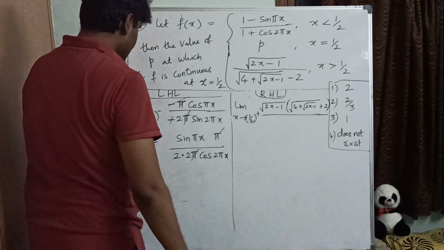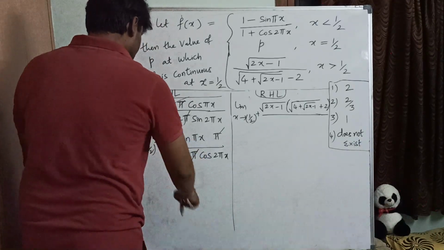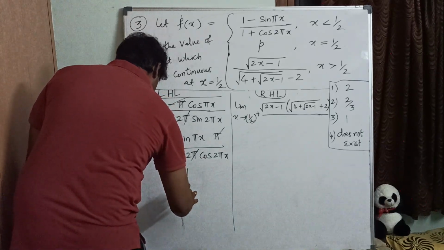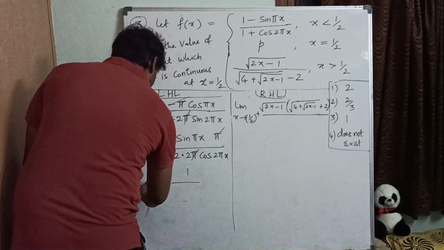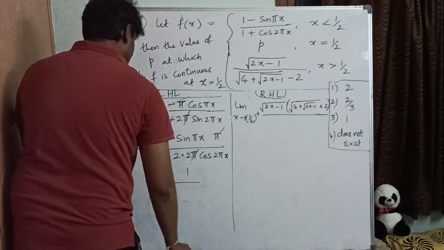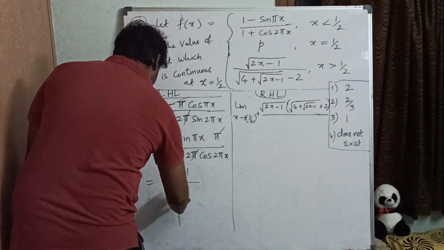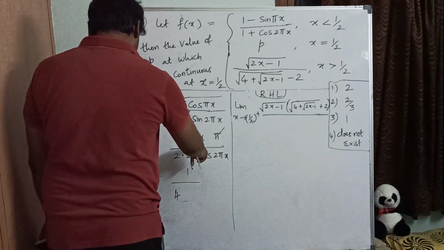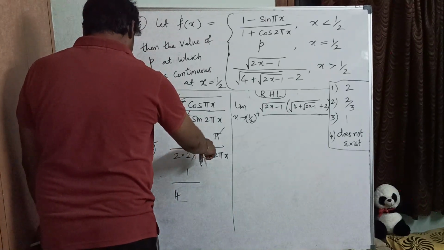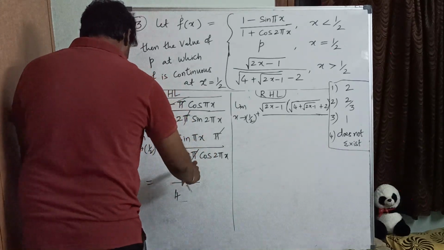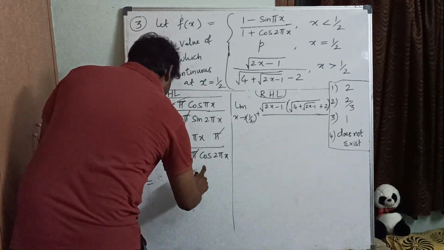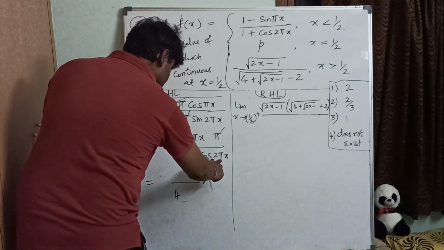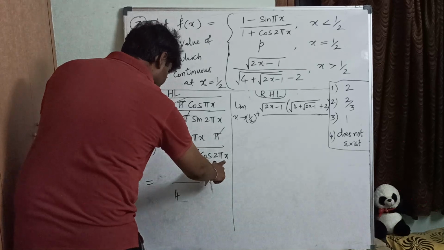Finally, whenever you substitute 1/2, sin 90 gives 1. So 2 into 2, 4 there. Now sin pi x at 1/2 is sin 90, 1 there. From this, 4 into cos 2 pi x, the 2 gets cancelled, cos pi, so minus 1 there.